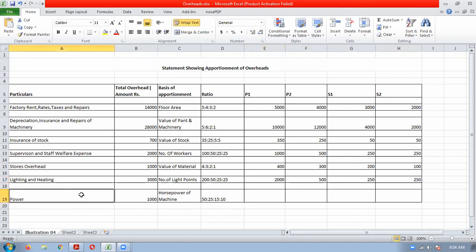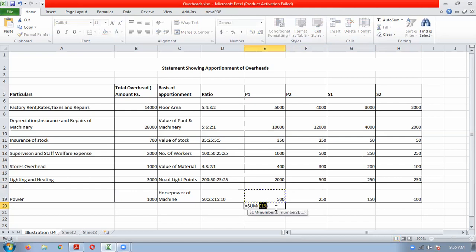Okay, similarly, power we will divide on horsepower. Clear? So it will be 25 plus 25, 50, 100. So we have divided the common expenditure into 4 departments.